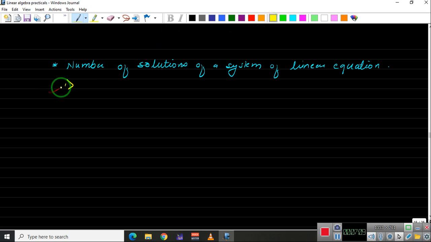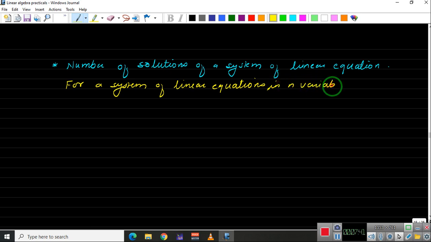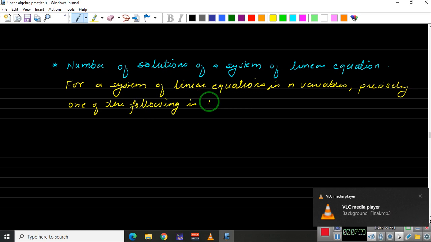For a system of linear equations in n variables, precisely one of the following is true.